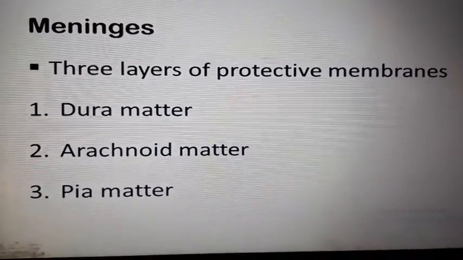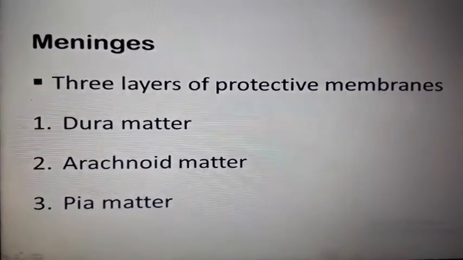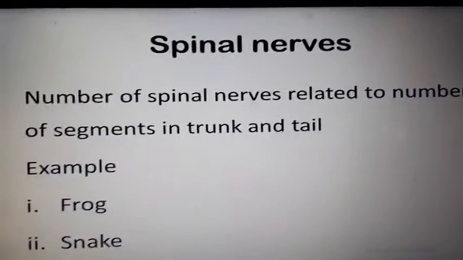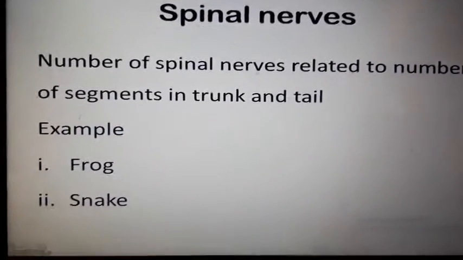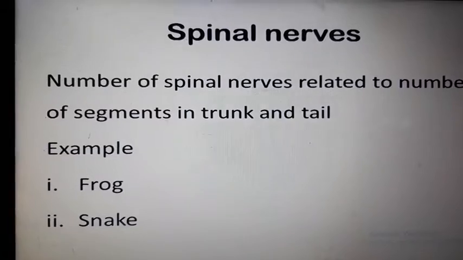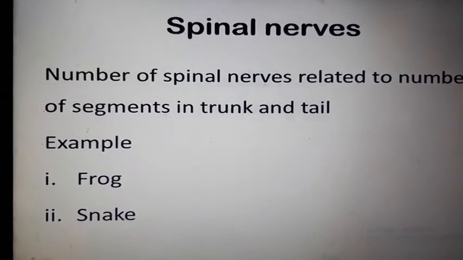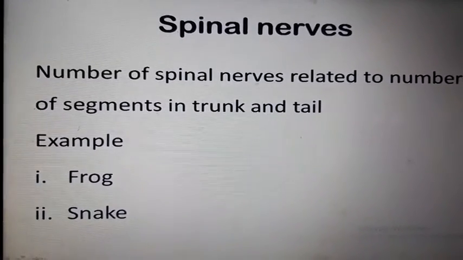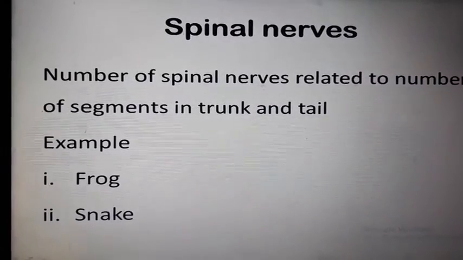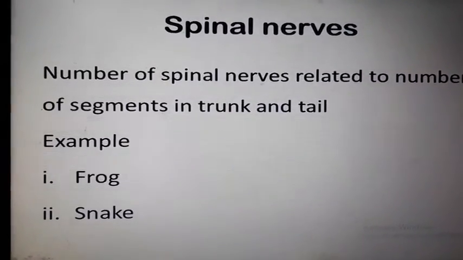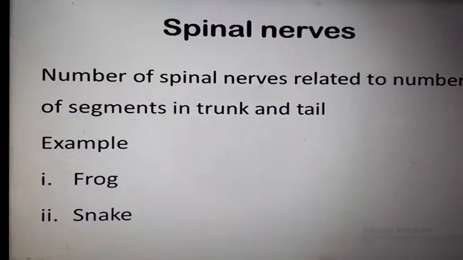After the meninges, we move towards the next topic, that is the spinal nerves. So what are the spinal nerves? Simply, the number of spinal nerves is directly related to the number of segments in the trunk and tail of a vertebrate.